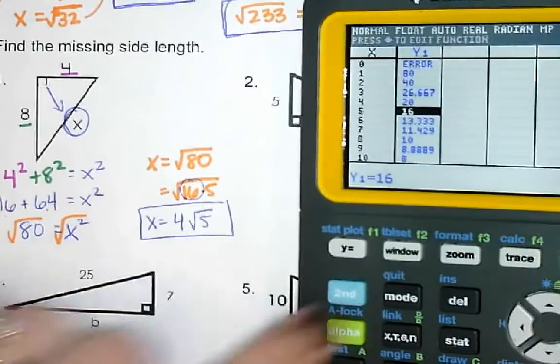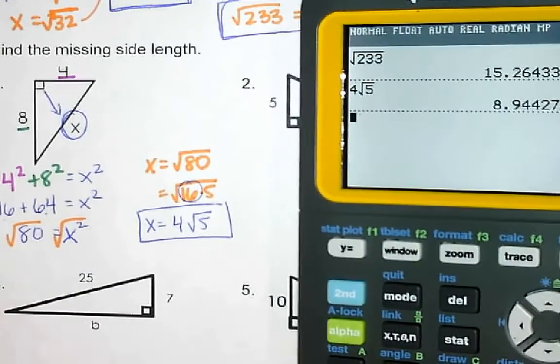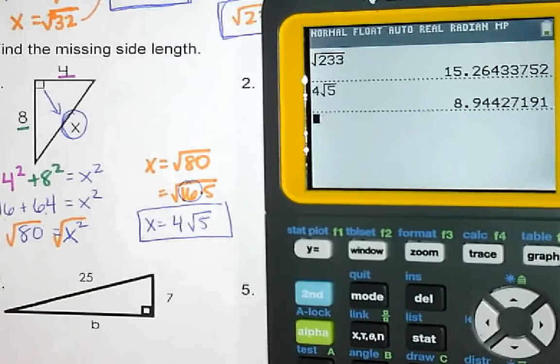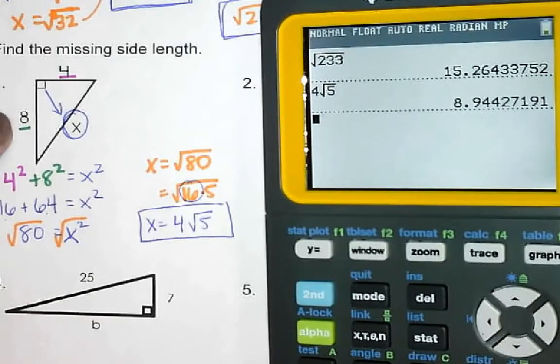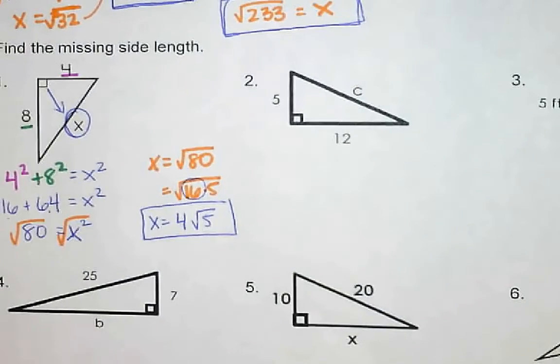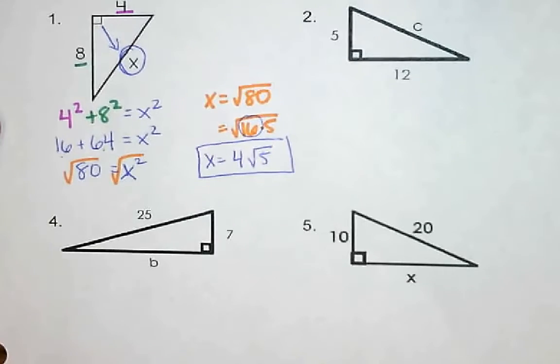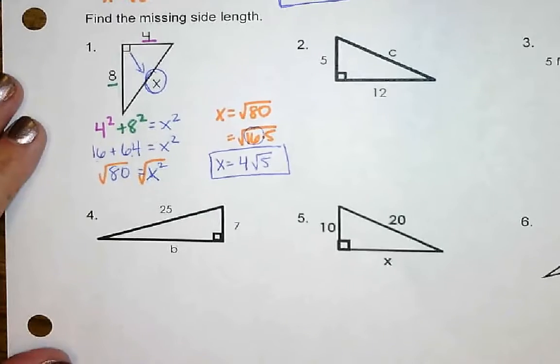And just to make sure we're on the right track here, 4 times the square root of 5 is 8.94 something, so that is bigger than 8. So we know that we did it properly. Do y'all feel good about that? So on the top here, numbers 1, 2, and 3, the unknown is the hypotenuse every time.